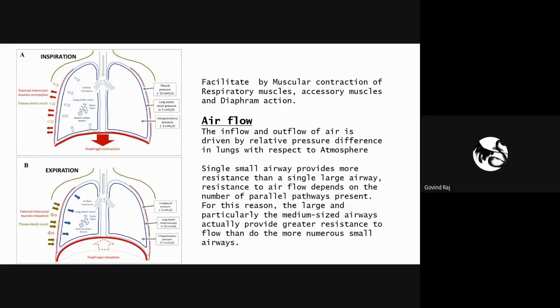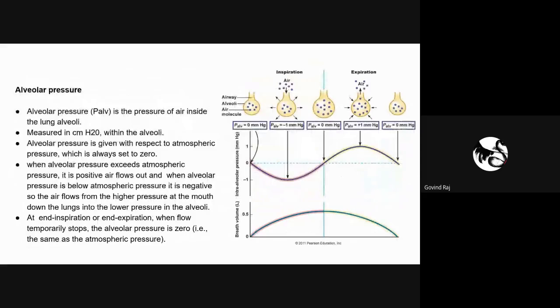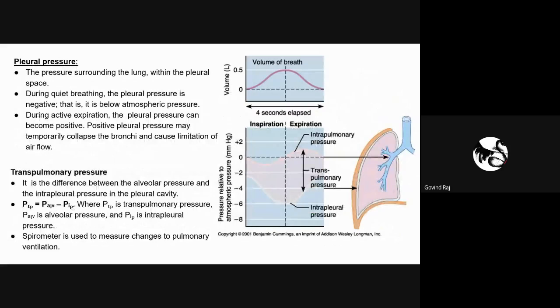So next, the exchange of gases. When coming to the exchange of gases, there are several pressures that are concerned with this portion. One is the pleural pressure, the next one is transpulmonary pressure, and the other one is alveolar pressure. In the pleural pressure, what it means is the pressure created by the pleura.